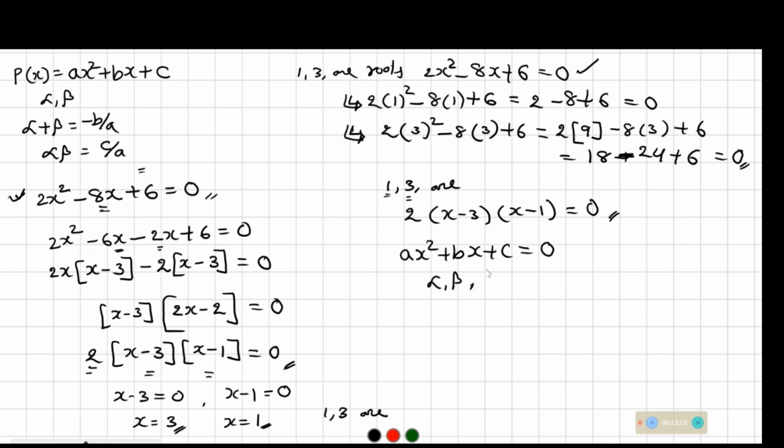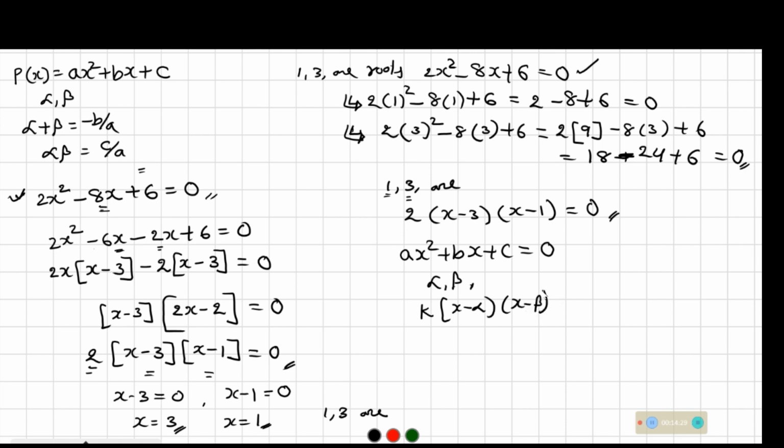So these are the roots of this quadratic equation. I'm writing these roots in factorized form, with k as the constant. In the previous example we got k as the number 2, but in the general quadratic equation I'm taking k as the constant, and x minus alpha is the first root, and x minus beta is the second root.